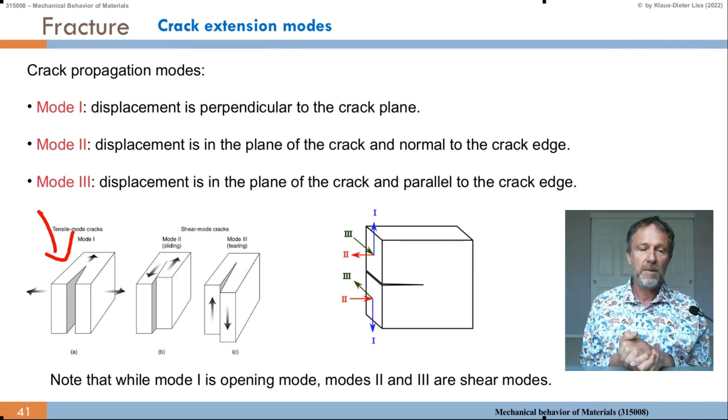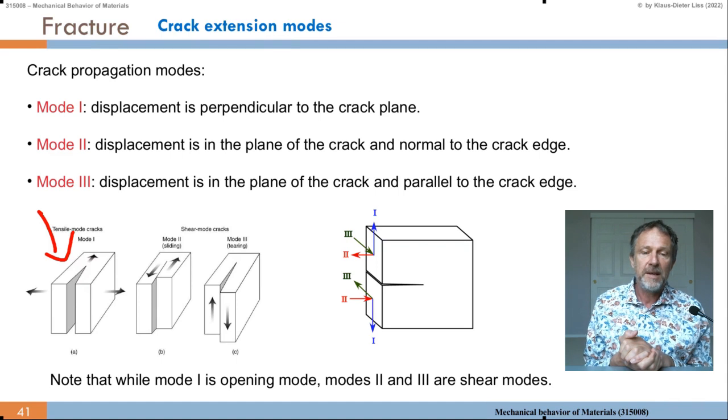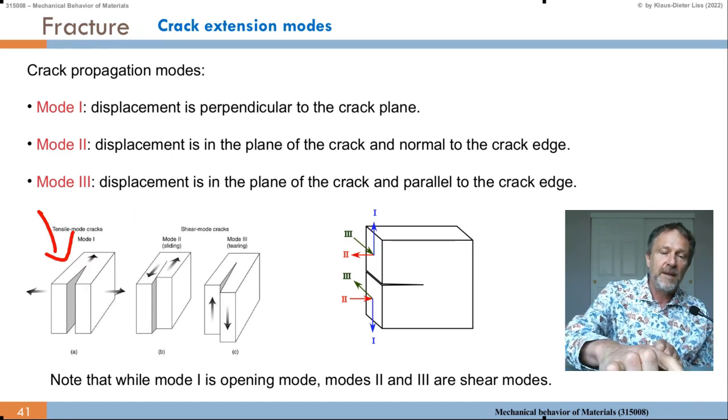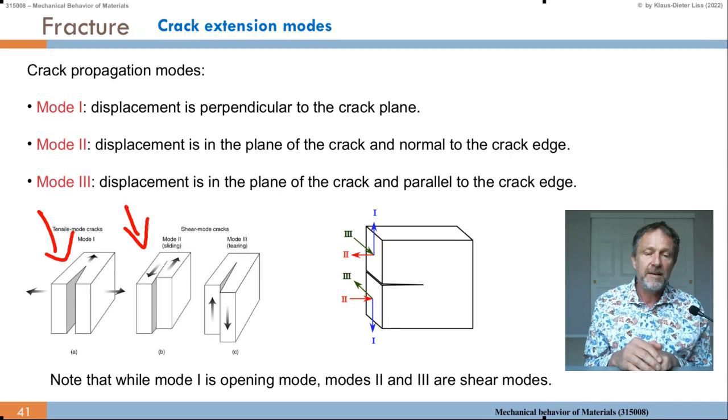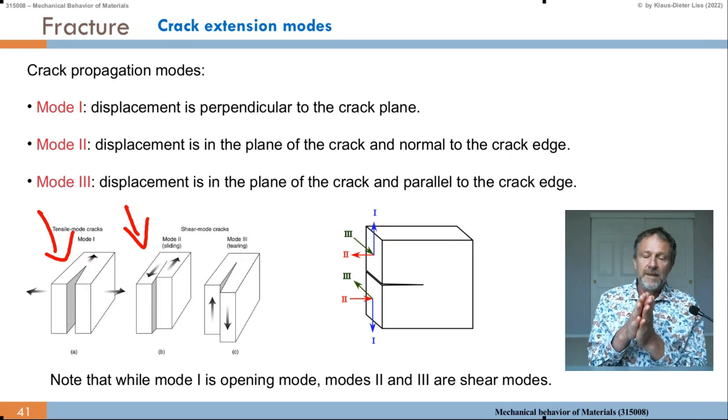Then we have mode 2. This is the displacement in the plane of the crack and normal to the crack edge, as demonstrated here in the second figure. This is when I stress the two planes a little bit in this shear direction.